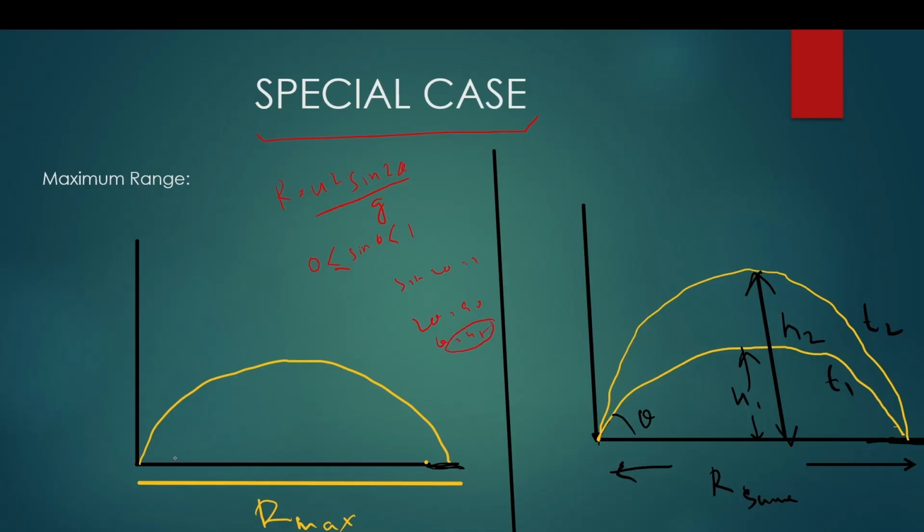So it is said that when the body is thrown at an angle of 45 degree with the ground, the maximum range R max is obtained. And if the angle is somewhere less than or more than 45, then the range will certainly be less than the maximum range.